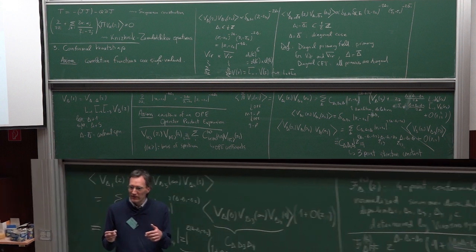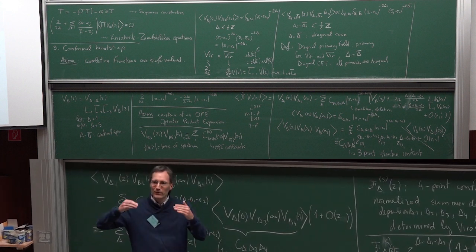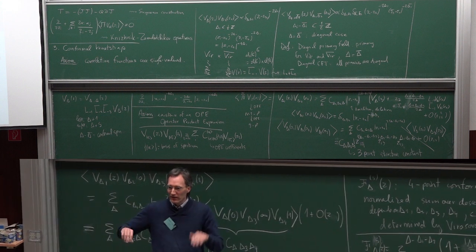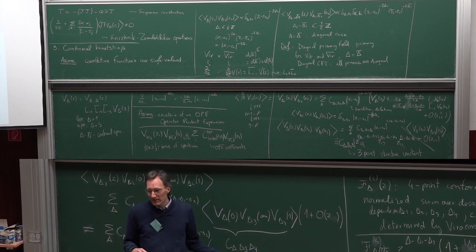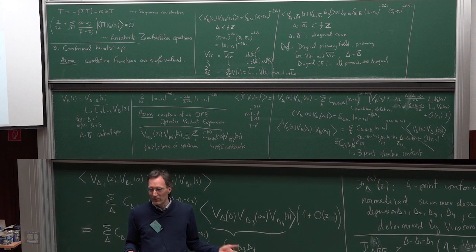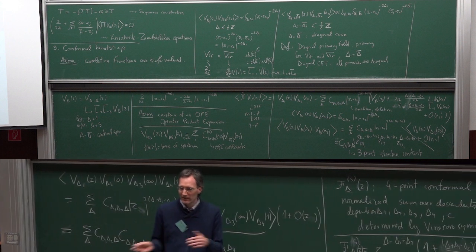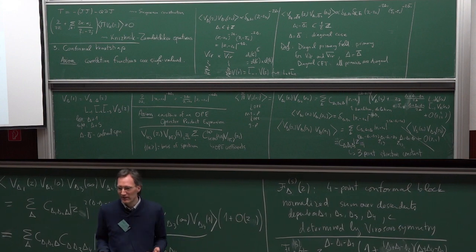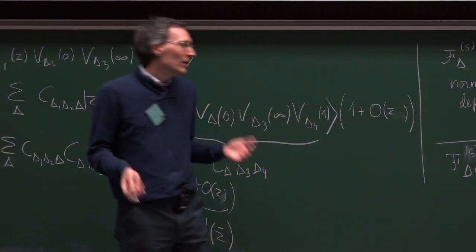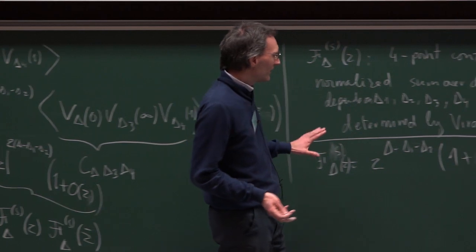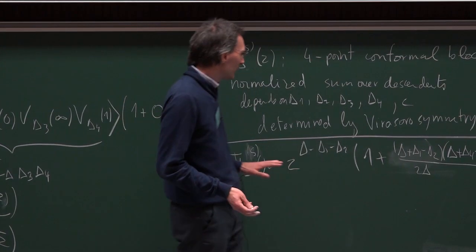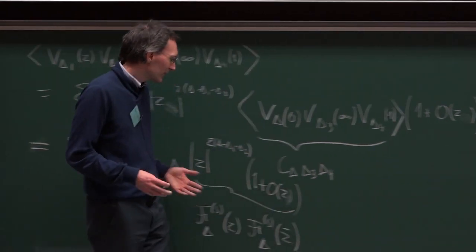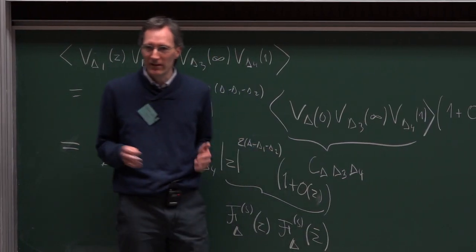I'm considering a Verma module, a primary field that's both left and right primary, so the whole representation is factorized. So the Ward identities are factorized. You have independent left and right moving Ward identities, and these blocks are completely determined by Ward identities. So if you do this exercise, you can see, even at the first order, why it has to be factorized.